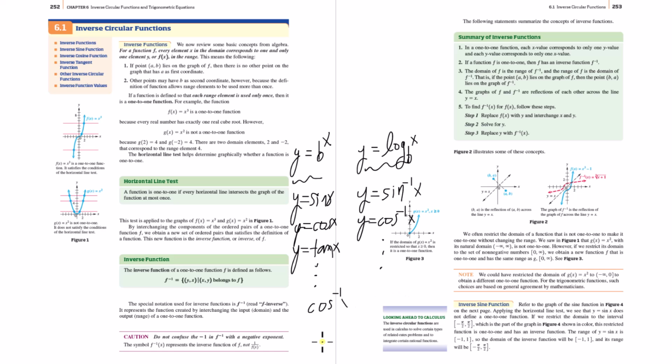So that is confusing, and that's just the way it is. You could write cosine to the b of x, as long as b isn't equal to -1. I think maybe you could even do b being equal to 0. I want to say you could say that cosine to the 0 of x is equal to cosine x to the 0, which is equal to 1, assuming cosine x isn't equal to 0, because 0 to the 0 is undefined.